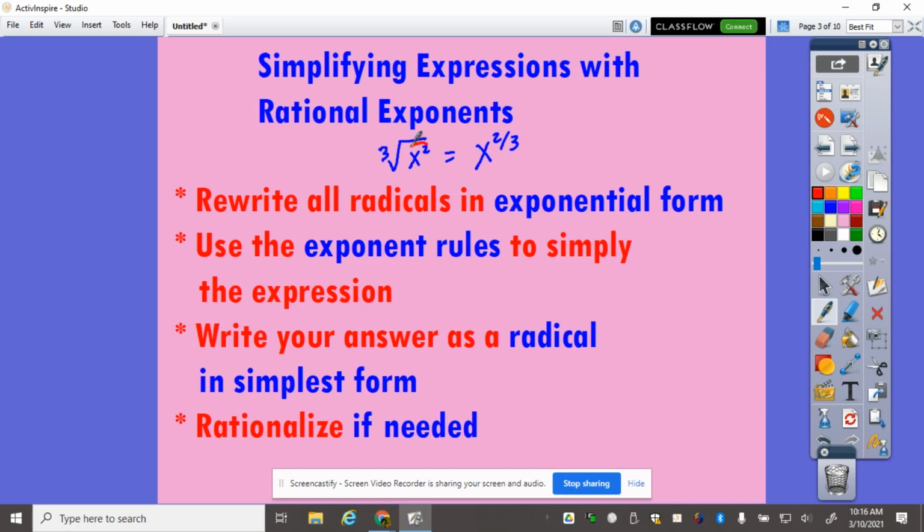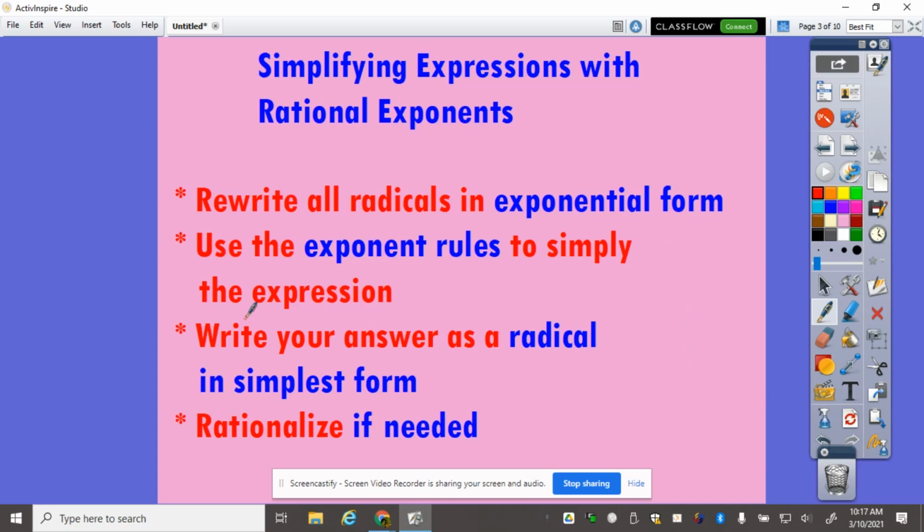Again, review, this is the power of x squared, that's the power of x squared. The index is always the denominator of your exponent. Okay. Next, use the exponent rules. These are the product rule and quotient rule. You remember, when you are multiplying, you're going to add the exponents, and when you are dividing, you will subtract the exponents. Okay.